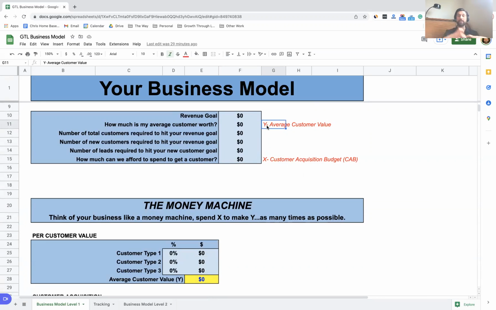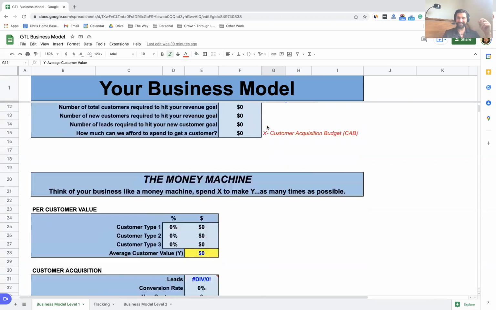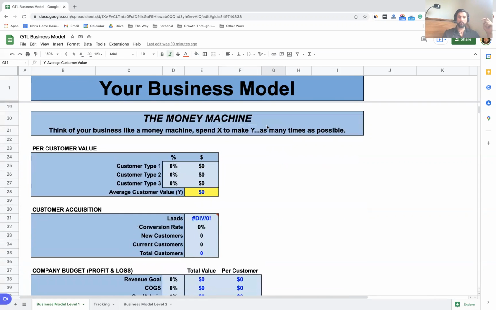So your money machine is input, output, X, Y, X, Y, X, Y. And the levers that we can pull are things like making our average customer worth more money, which then gives us a larger budget for acquiring that customer, which then lets us outbid people on things like clicks, right?